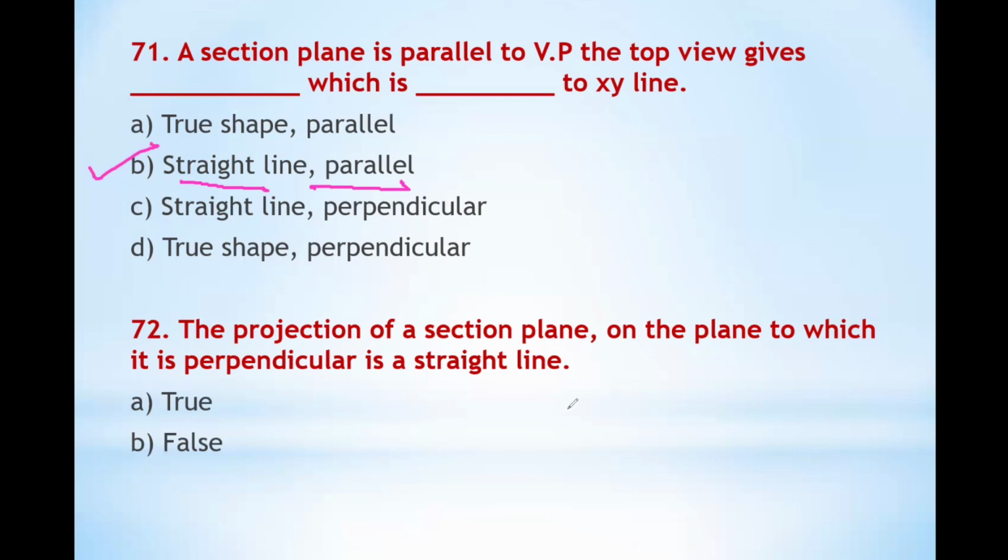If it is perpendicular to VP, then whatever is the front view, that will be a straight line. If it is perpendicular to HP, then whatever is the top view, that will be a straight line. So on whichever plane it is perpendicular, on that plane we get a straight line. So that's why it is the true one. So option A is correct.